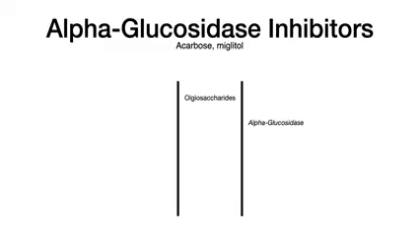And that alpha glucosidase catalyzes the conversion of the oligosaccharide to its monosaccharide glucose derivative. And then once that monosaccharide glucose derivative has been made, which again, that whole conversion is done by alpha glucosidase, that glucose can be absorbed through the intestinal wall and lead to higher glucose levels in the body.